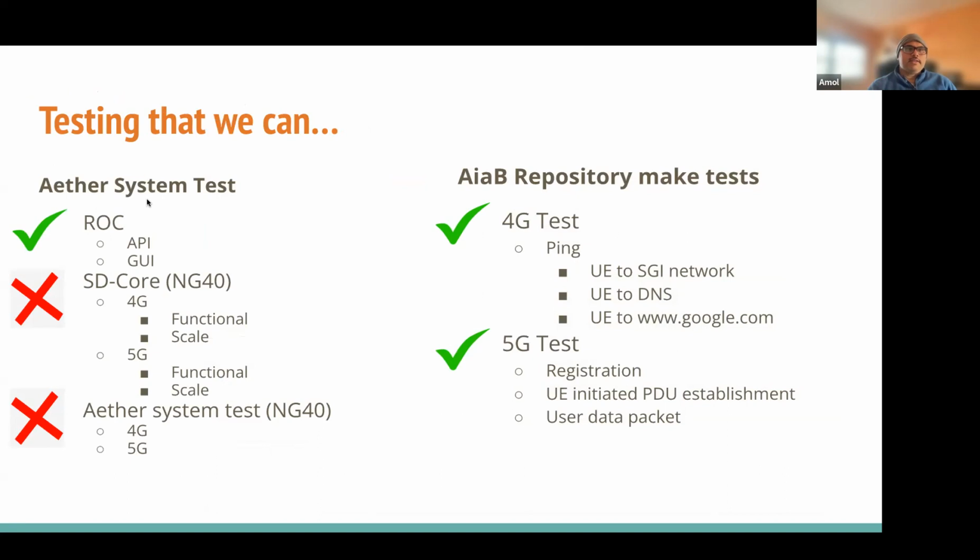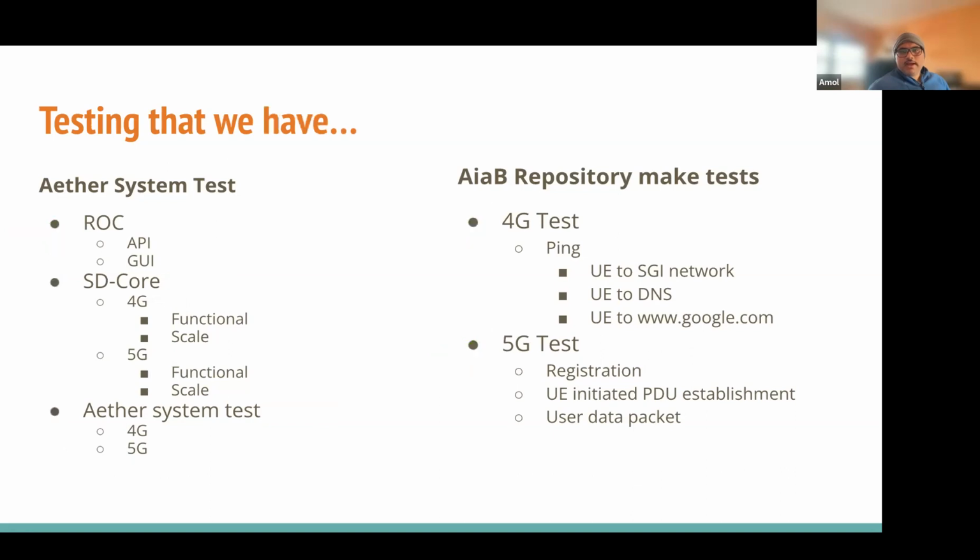Okay, so for Aether system test, due to NG40 unavailability, we could not cover the left-hand side column, that is SD-Core and Aether system test NG40. However, for the ROC, thanks to Sean, he has created a branch where he has uploaded some of the information regarding the 2.1 API result.